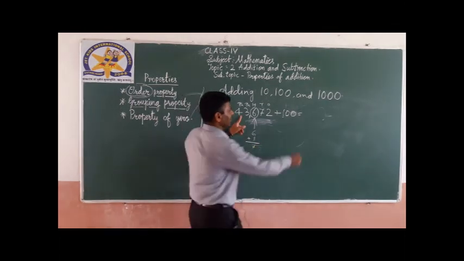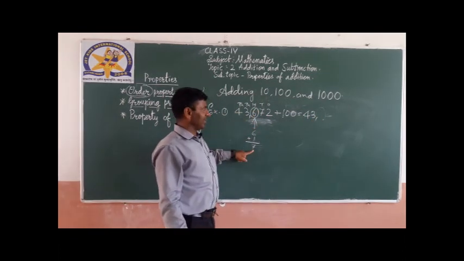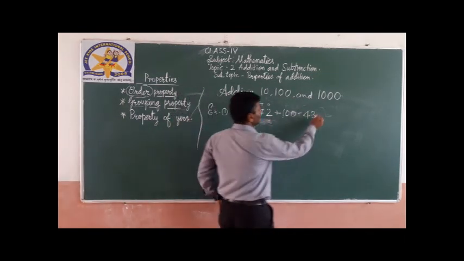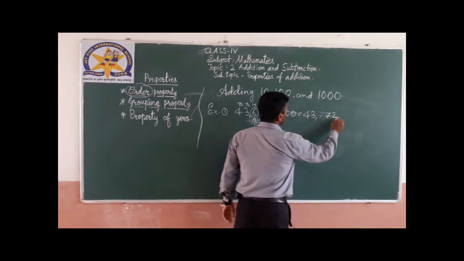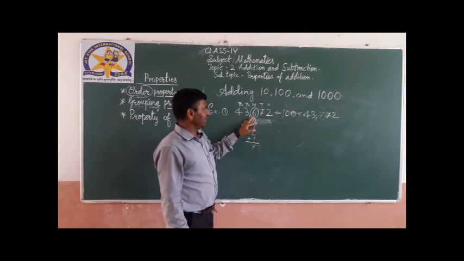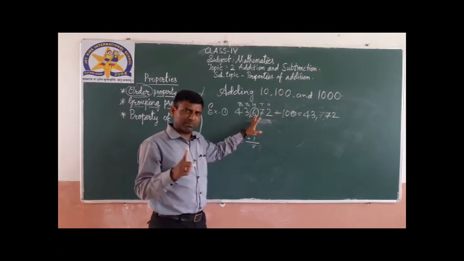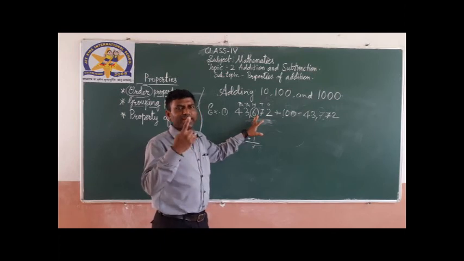Means the answer will be 43,772 instead of 43,672. If you are adding 100 to a number, the hundreds place digit will increase by 1.